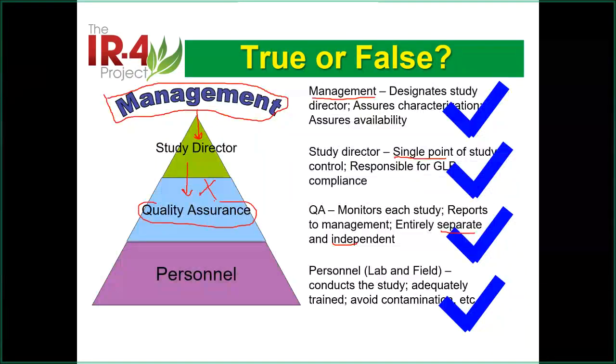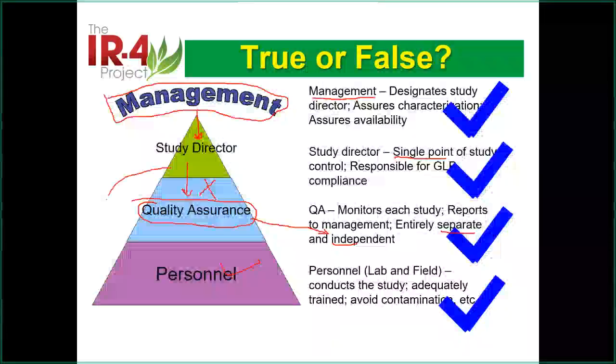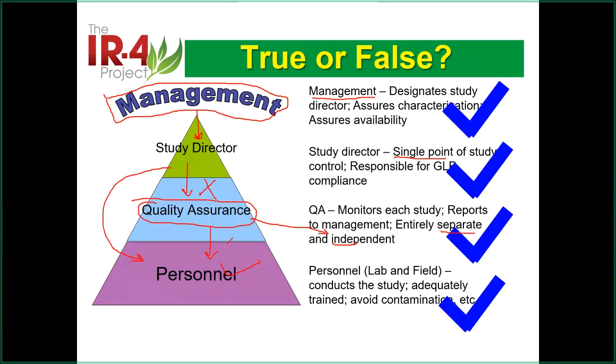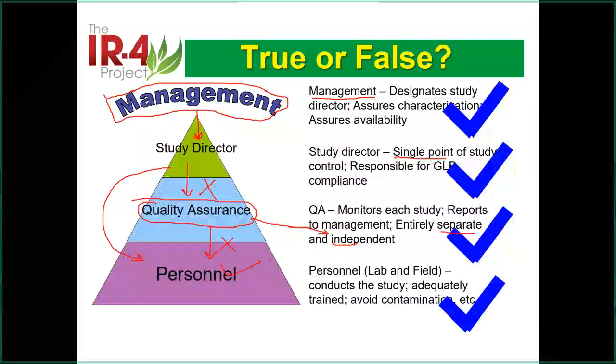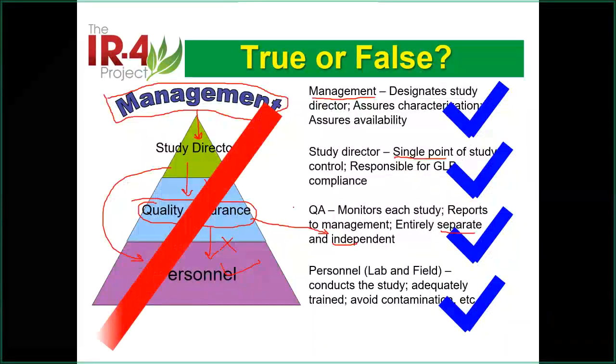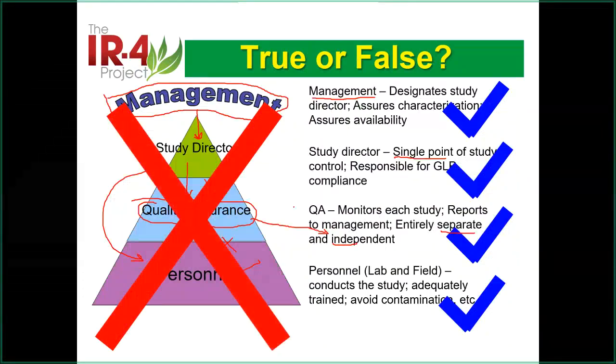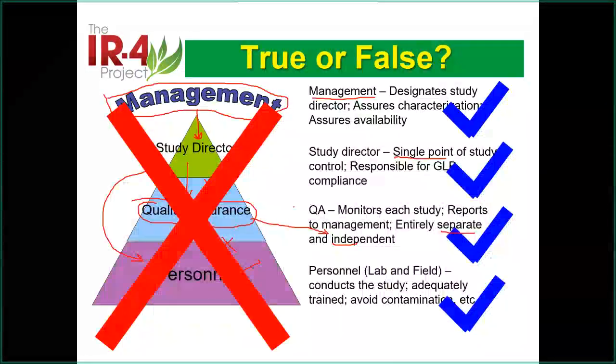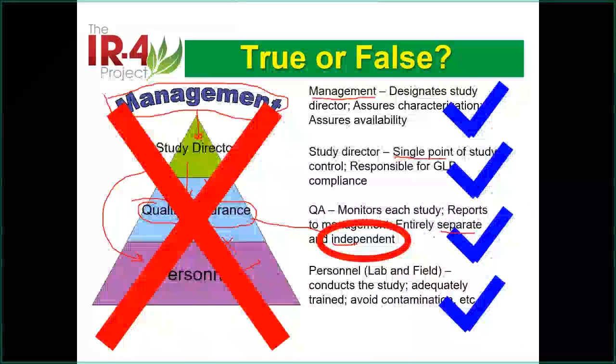QA should be totally separate, independent. This part is fine. The personnel is below the study director, but it is not below the QA because it's totally separated. So you got two things wrong there. So it's wrong. The key words here are independent and separate.